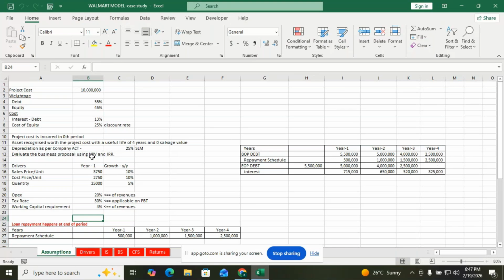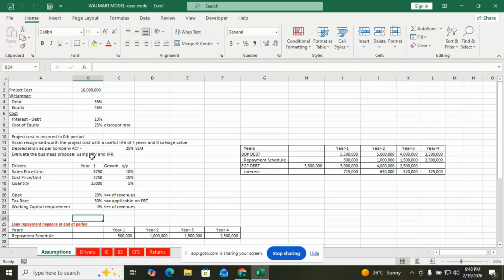So I'll repeat again. The 100 lakhs is the requirement to invest in this project, out of which the bank sanctions only 55%. The remaining has to be raised by equity, which is 45%.